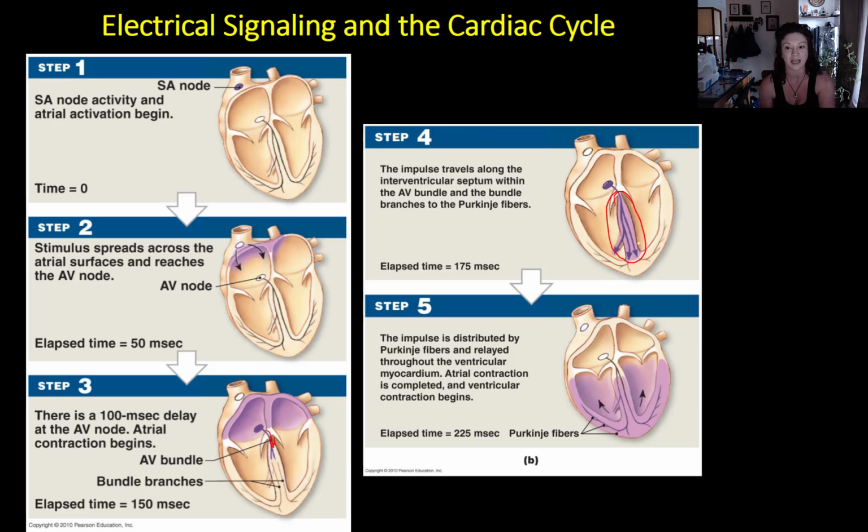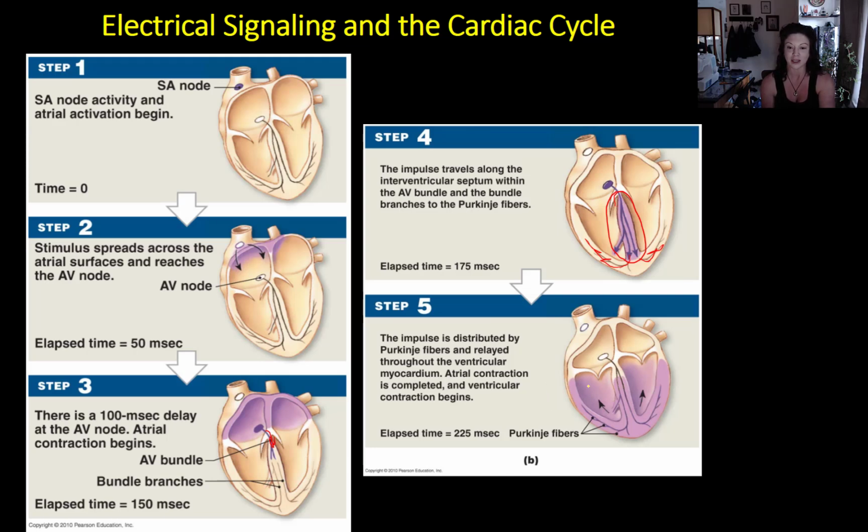That's where you find this AV bundle. The AV bundle is going to pass the message into its branches, the bundle branches, and the branches are going to pass the message down into these fine little fibers here in the walls of the heart muscle itself. These are your Purkinje fibers.